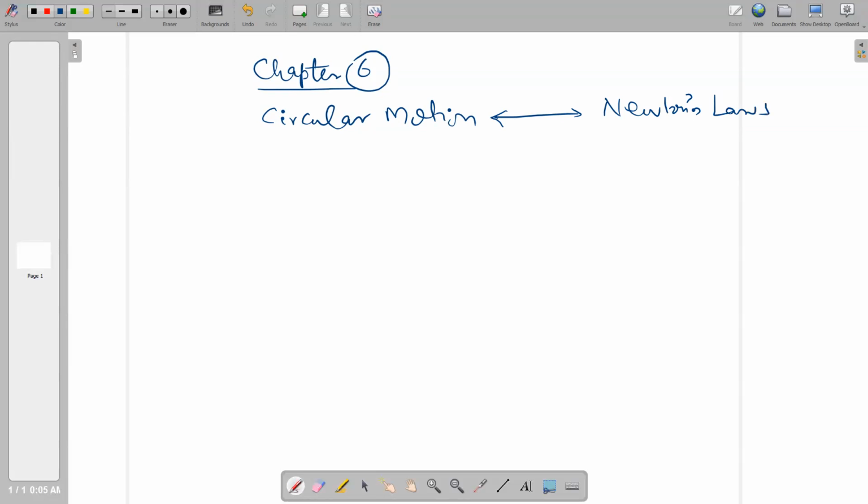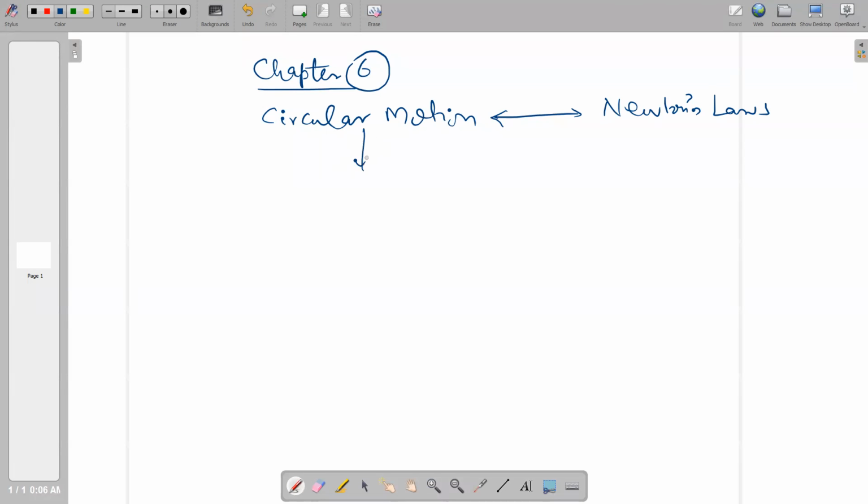But here we will see how Newton's laws are related. In the previous chapter, we have already studied the circular motion.